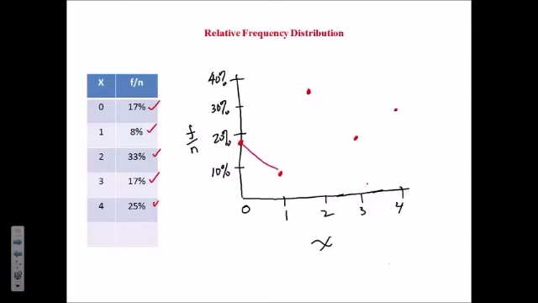We connect those dots, you'll notice that the relative frequency distribution line graph, or polygon, has the same shape that we had before with our frequency polygon. They have the same exact shape, the W shape.